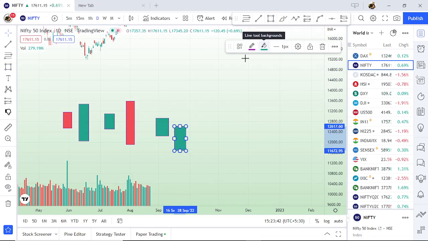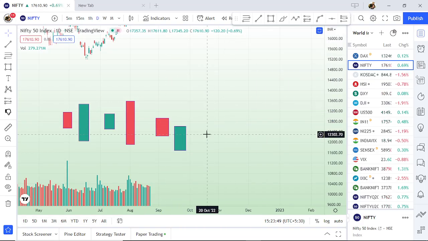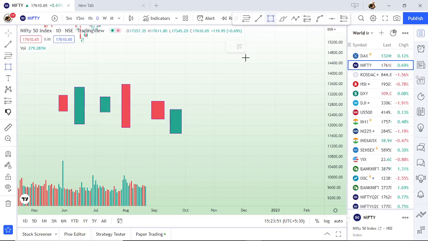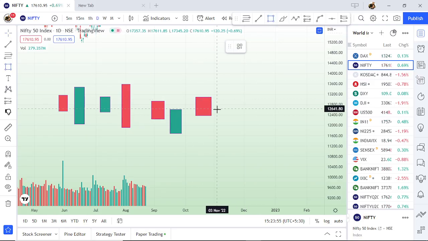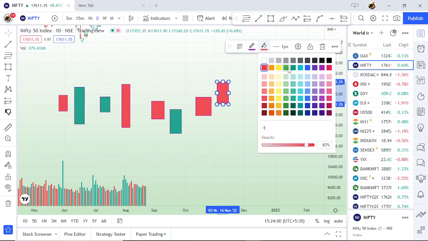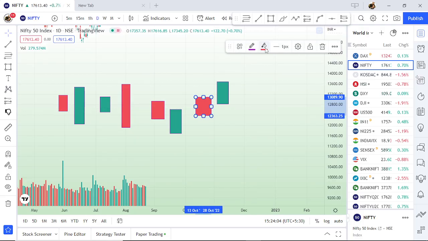I'll put red here and green here. This is a piercing candle, and this is a dark cloud cover. Wait, what am I doing? This should be red.